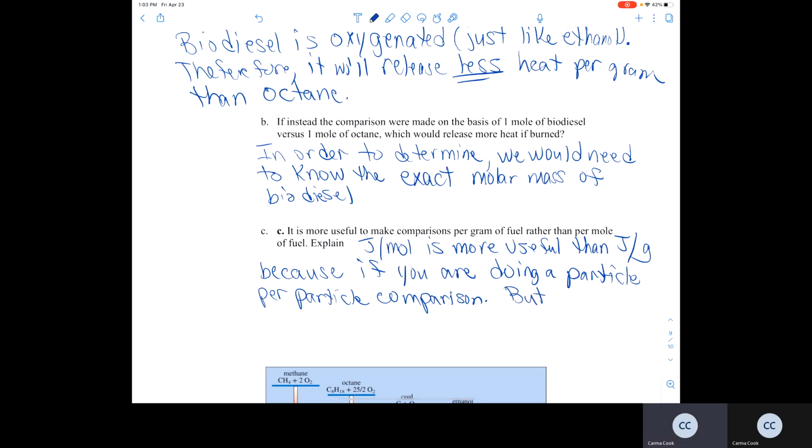But if you are doing a mass comparison, the per gram measurement is more useful.